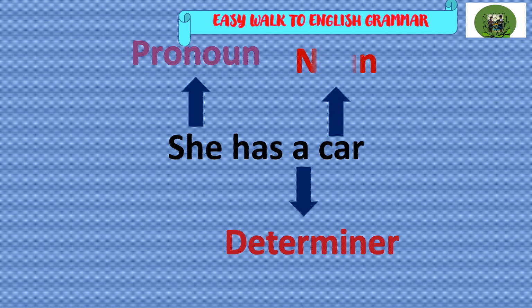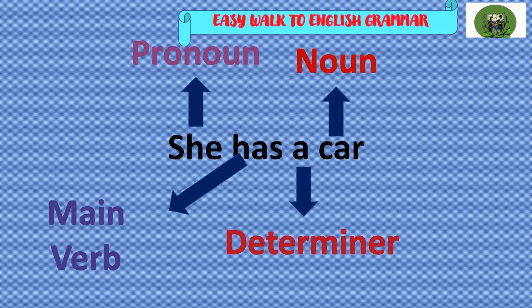Car is a noun. It's a naming word and so it's a noun. Then, as we know, we cannot construct a sentence without a verb. What's the verb in this sentence? It's has. As there is no other verb in this sentence, has is the main verb.